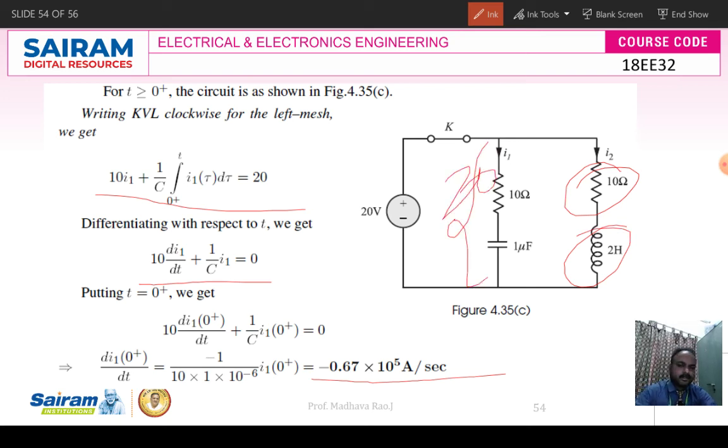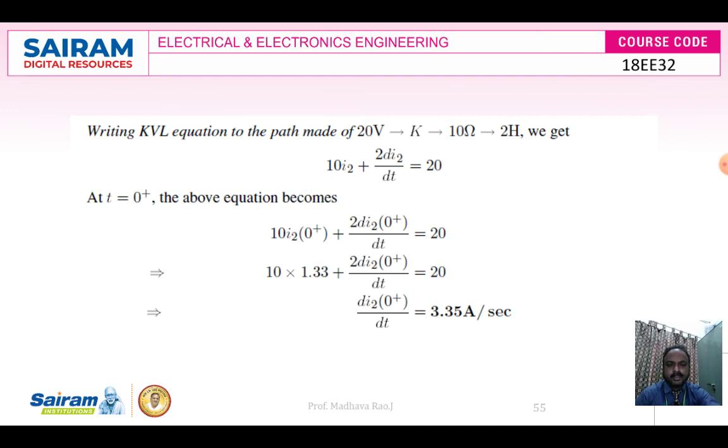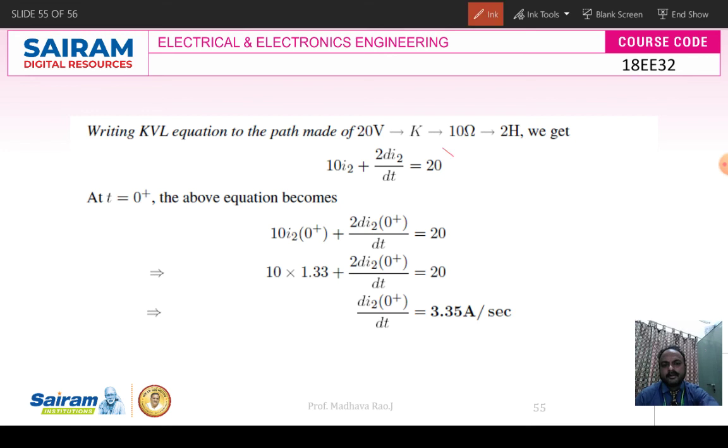So directly we can take the voltage across the 10 ohm resistor, the voltage across the inductor, and 20. So that is equation 2 here, the second loop equation: 10 I2 plus 2 into di2 by dt equal to 20. Okay. So this equation we got; substitute the I2 value and we can find di2 by dt is equal to 3.35 amperes per second.